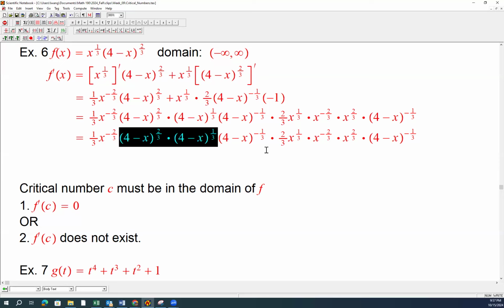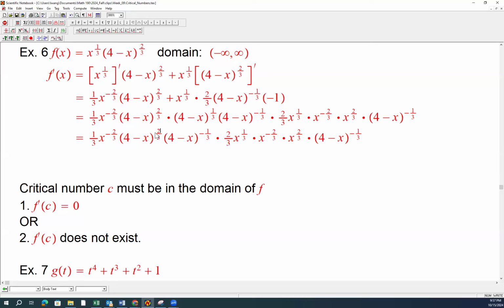That equals 4 minus x raised to the power of 2/3 plus 1/3, and 1/3 plus 2/3 is 1. So this piece becomes to the power of 1. If it's to the power of 1, we can omit it. Oh, wait. Did I miss a subtraction somewhere?